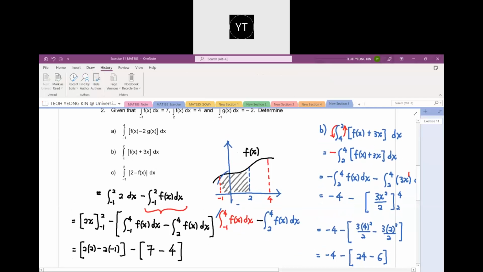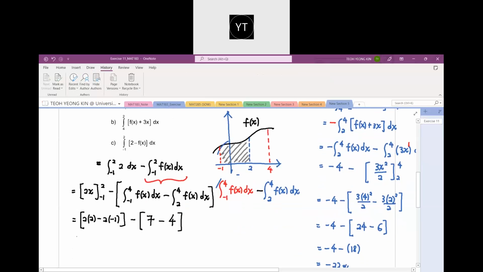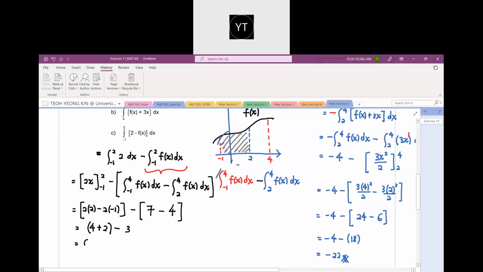We just substitute the values. So for the first part, we have 4 minus negative 2, which is positive 6, minus 3. So 6 minus 3, the answer will be 3. So here is the answer for question C.